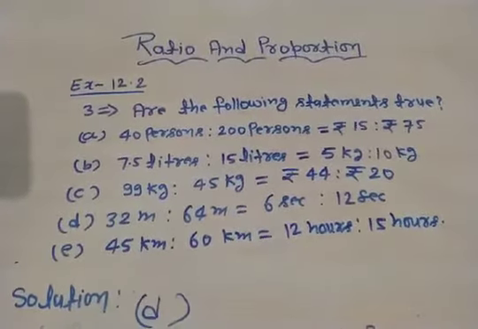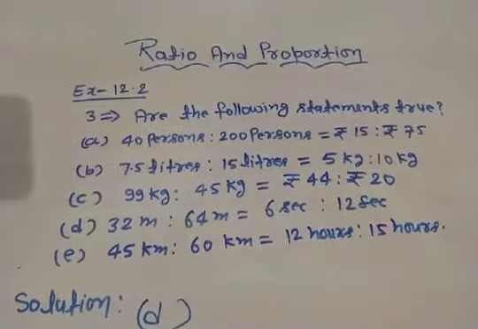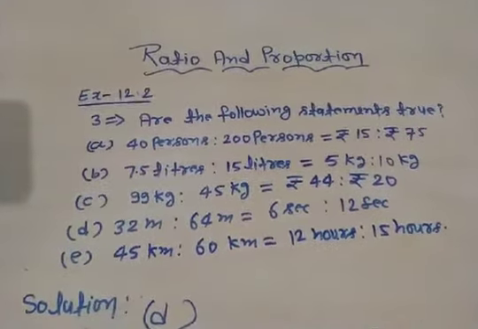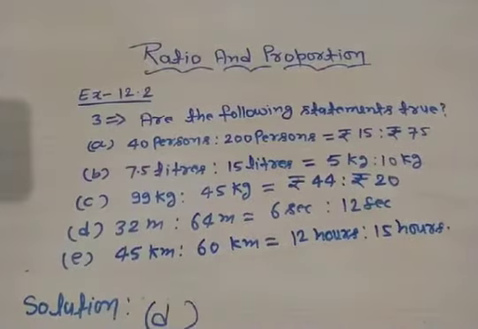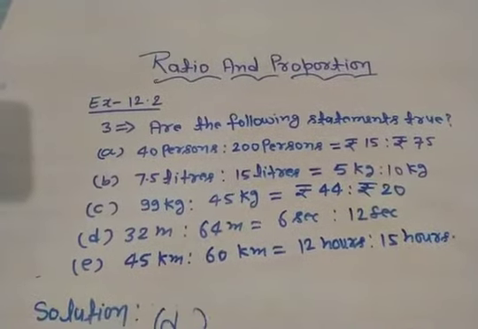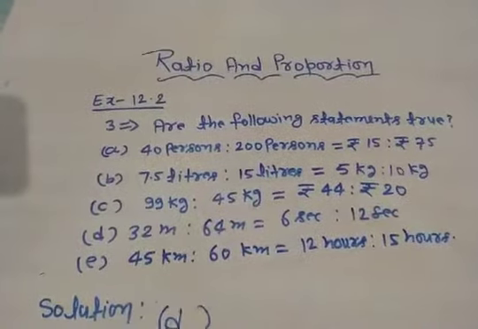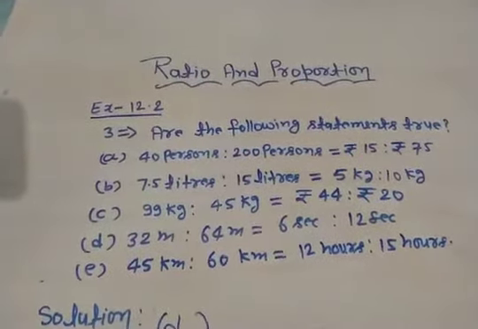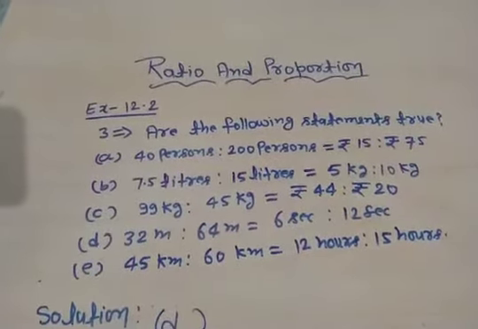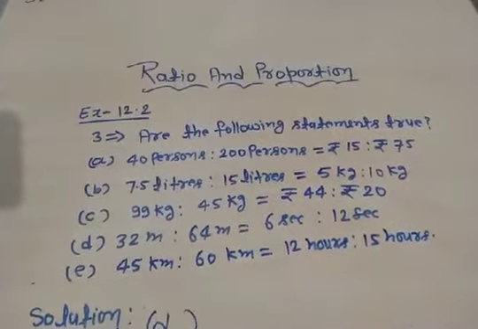If you cancel both by 3, we obtain 4/5. Okay, so in this way you can see both ratios are not equal. So this is not proportion. 45 by 60 is 3/4, and 12 by 15 is 4/5. So both ratios are not equal. So this is not proportional and the given statement is not true.